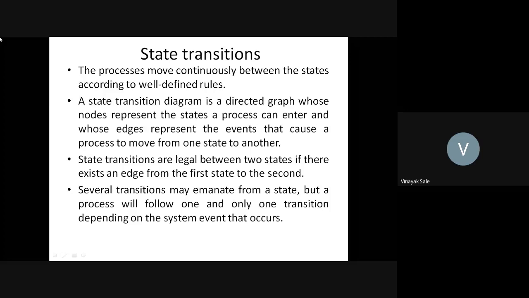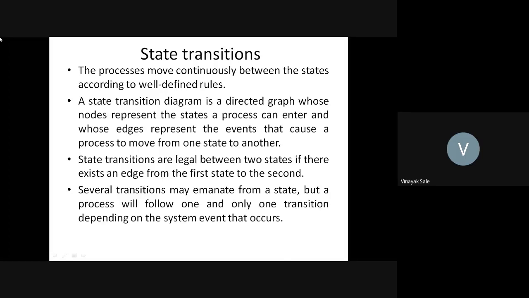Then the next part is state transitions. The processes move continuously between states according to well-defined rules. The process state transition diagram is a directed graph whose nodes represent the states a process can enter and whose edges represent events that cause a process to move from one state to another.